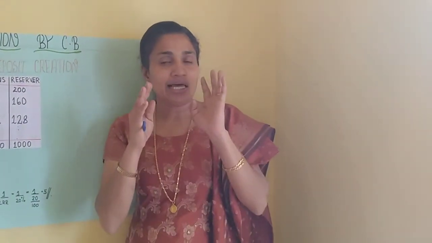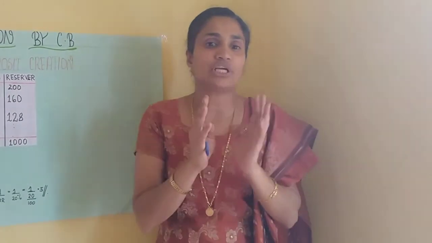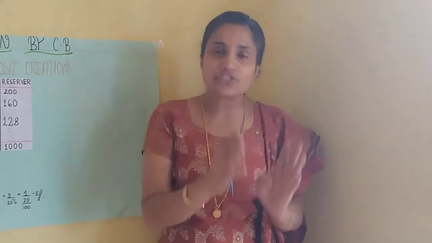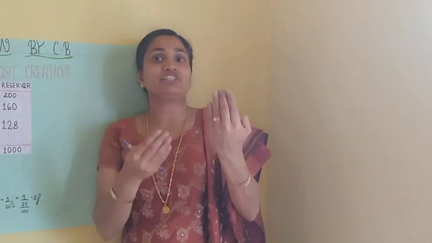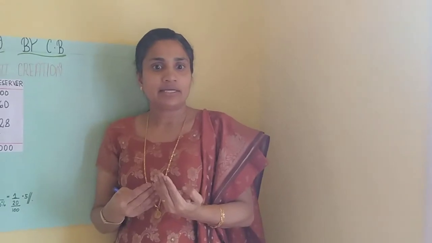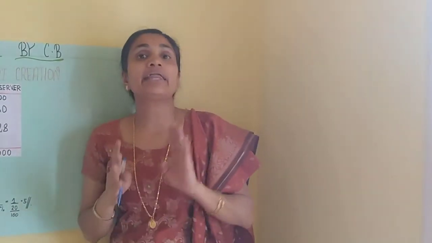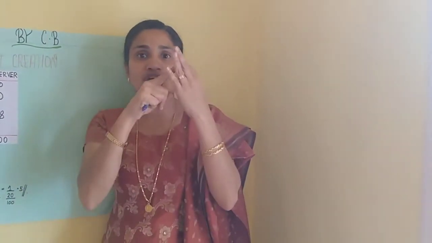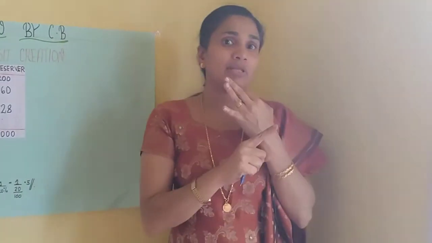Now we can learn in detail the functioning of commercial banks. Commercial banks are financial institutions that accept demand deposits from the general public, transfer funds from one bank to another, and create money. So here we can see three processes. One is accepting deposits from the public.